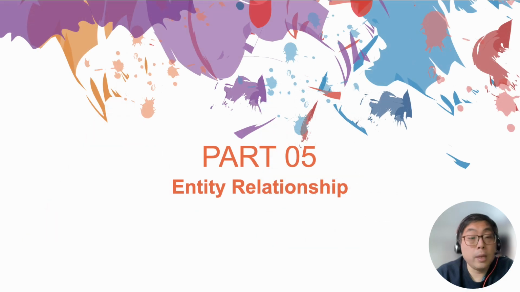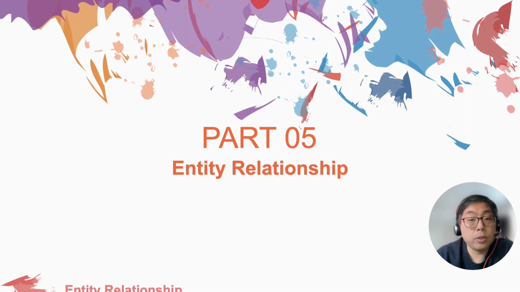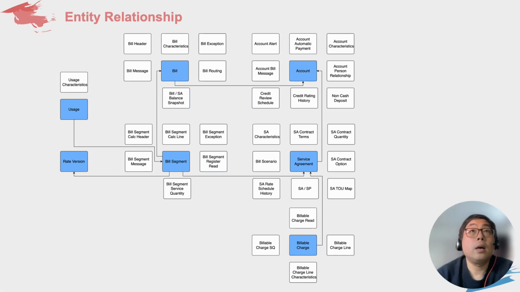Okay, so looking at the entity relationship, we already talked through how billable charge would be applied to a bill. Here we can see the billable charge is linked to a service agreement, and when the billing is running, especially on an account, for each service agreement, it would generate a bill segment.